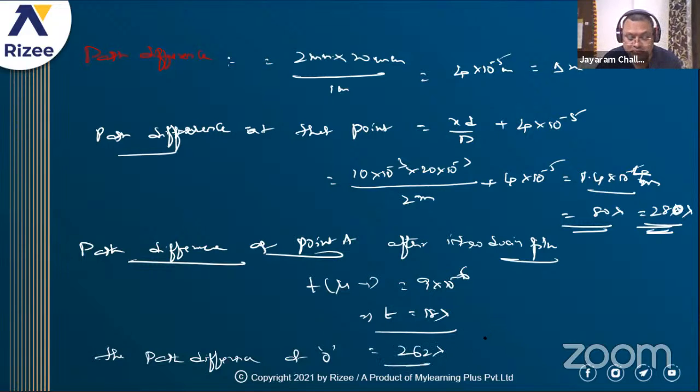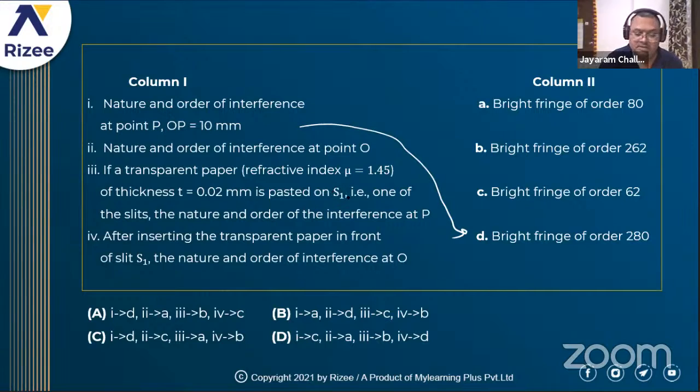So at O, we will be getting 98 lambda and 62 lambda. These are your corresponding things, sir. Now when you match it up, the first one is matched to D. The second should be matched to the nature and order of the interference at the point O. So 2 is related to A.